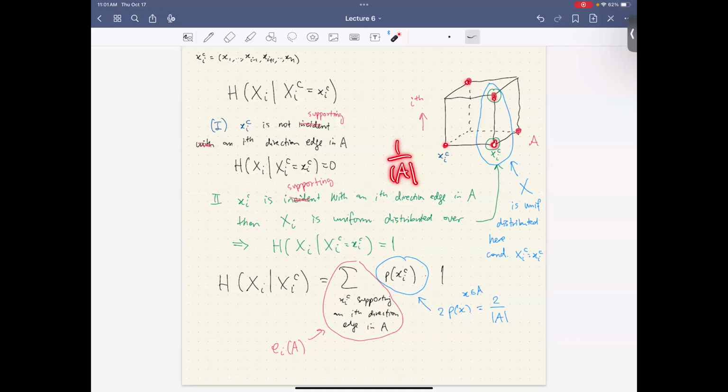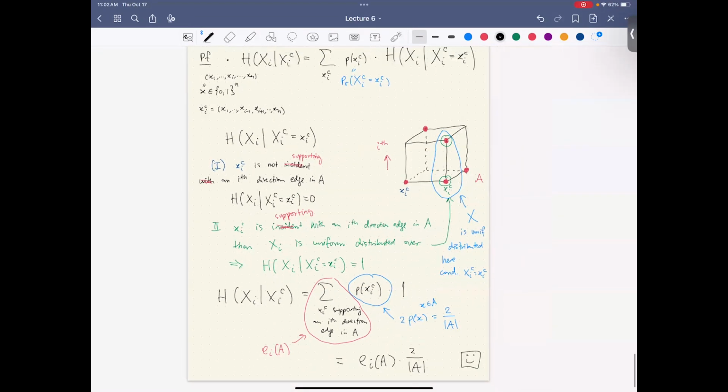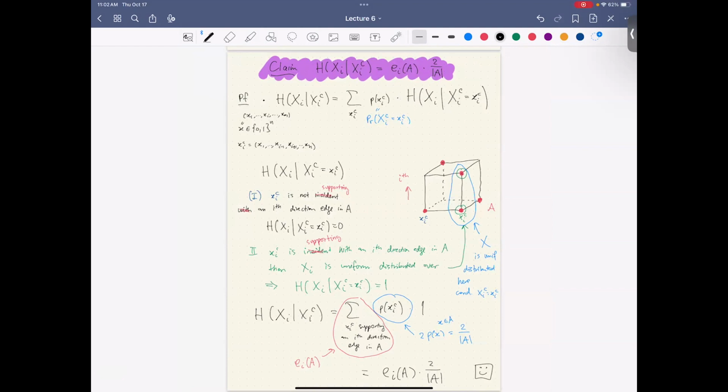But I know for this red dot, its twin is also here. And choosing either one of these red dots will realize this good projection, which supports this particular edge in the i-th direction. So both of these choices are good. That's why it's 2 over |A|. Any question? Then this is it. We are done. So it equals E_i(A) times 2 over |A|. That's precisely the lemma. Any question?